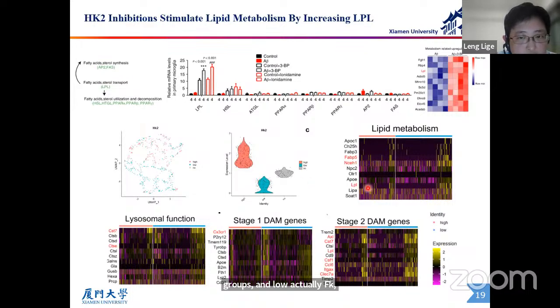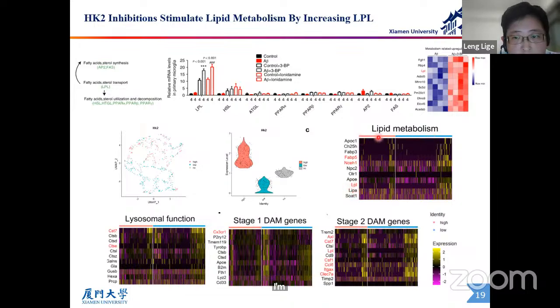We found that the genes related to lipid metabolism are increased in the HK2 low expression group, including LPL.